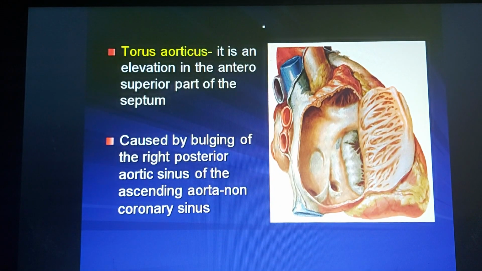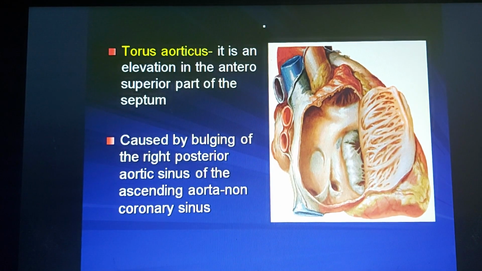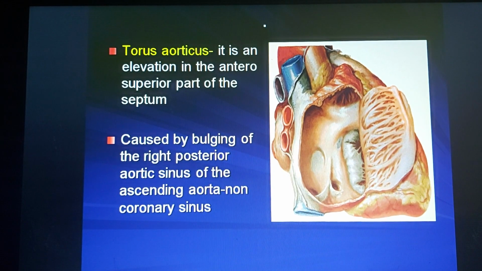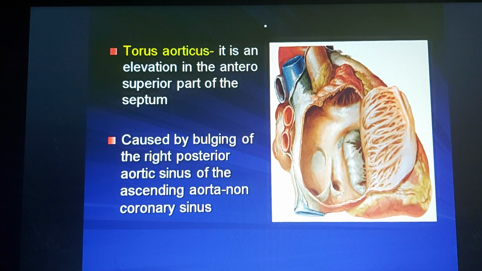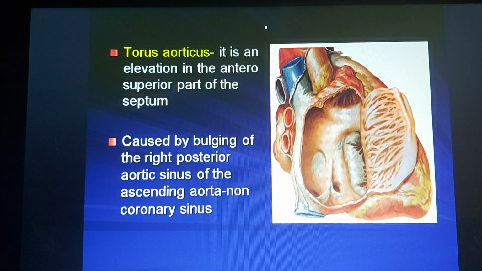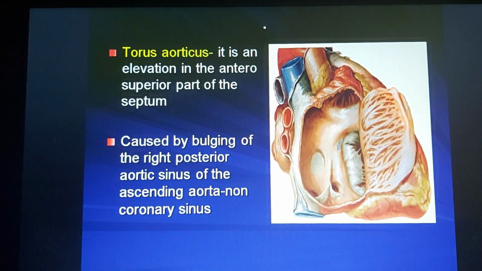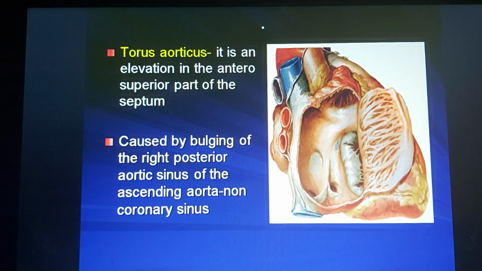The torus aorticus is an elevation in the anterior-superior part of the septum, mainly caused by the bulging of the right posterior aortic sinus of the ascending aorta, which is the non-coronary sinus.